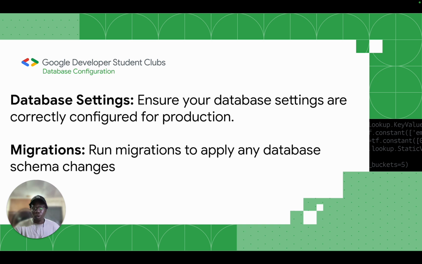It has to be correctly configured for production. It has to be standard level. You have to hide the secrets, and if you can hash it or encode it so no one can easily hack into your database. Then migrations, you have to run migrations to apply any database schema changes.